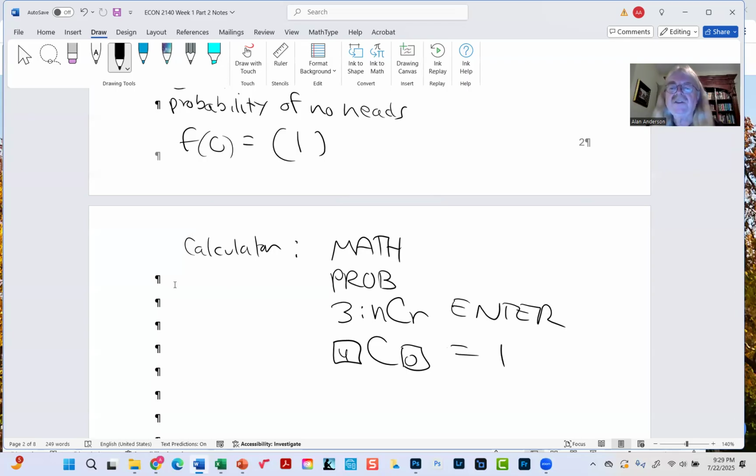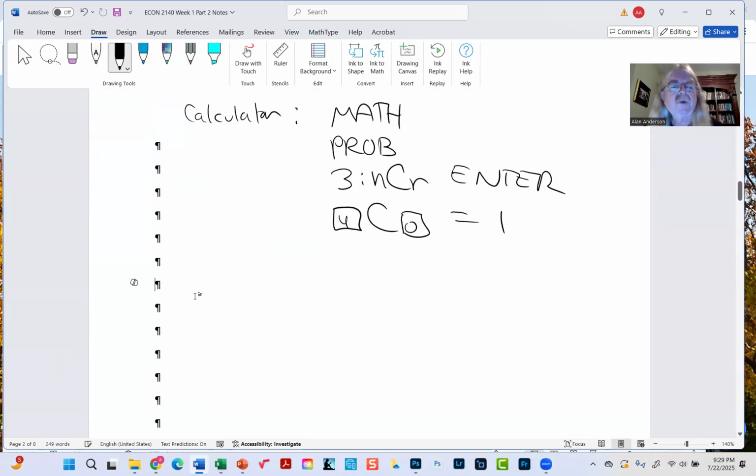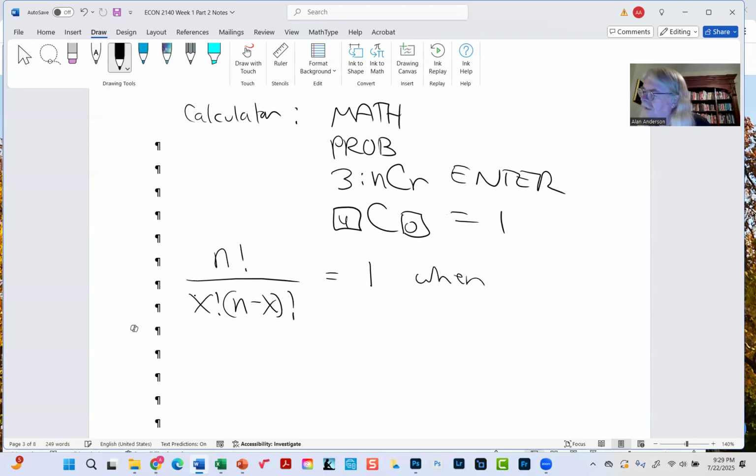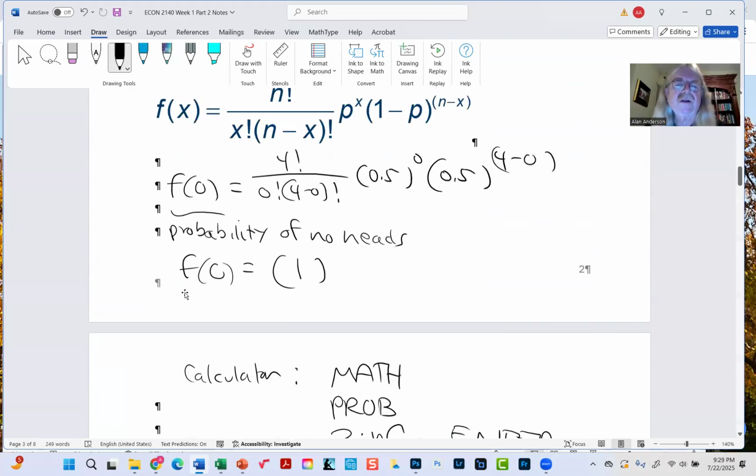And just a general rule, I want to point out that as far as combinations are concerned, this equals 1 when x equals 0. It also equals 1 when x equals n. So those are two special cases. But anyway, we get a 1 there.